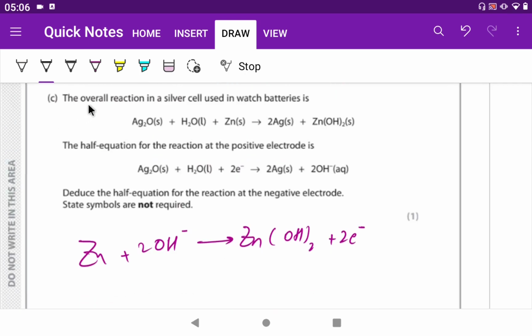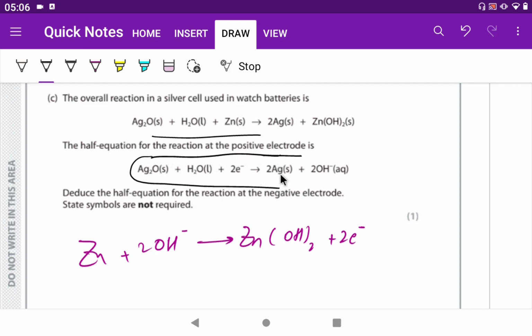So the overall reaction in the silver cell used in watch batteries is this, and the half equation for the reaction at the positive electrode is this. So what we can do is reverse this reaction.